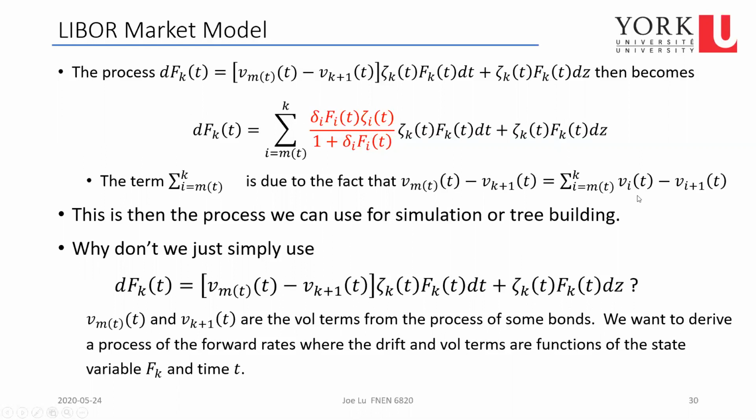If k is equal to 5, you have 1 to 2, 2 to 3, 3 to 4, and 4 to 5. So we have to add all of them together to get from 1 to 5, for example. That's why this difference is really a sum of those individual ones, and each of them has an expression here. So it's a sum from i equal to m to k. This gives you the process of the forward rate for the k-th reset time.